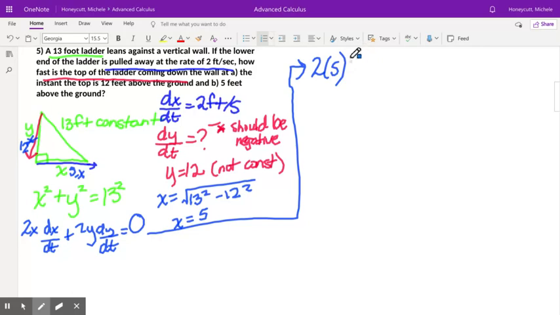dx/dt, they told me, is 2, plus 2y dy/dt, so 2, y we said is 12, dy/dt is what we are solving for, equals 0. And then from here, it's just an algebra problem that I need to solve.